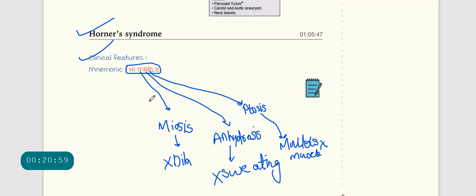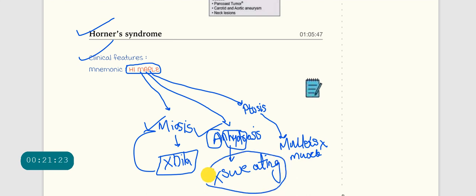The next is anhydrosis. Hydro means water, and anhydrosis means there would be an absence of water, due to which ultimately the sweating would be lost, or the secretions would be lost, very simple. The next is ptosis, and this ptosis is due to Mullerian muscle palsy. Then the L stands for loss of the ciliospinal reflex.